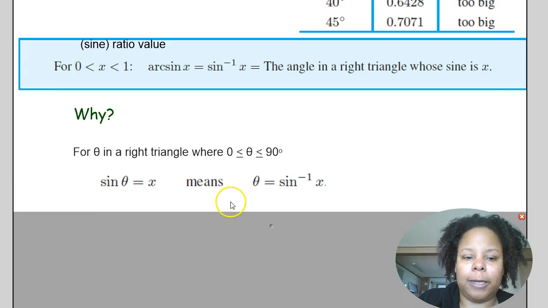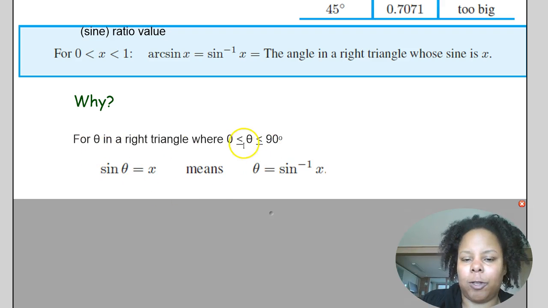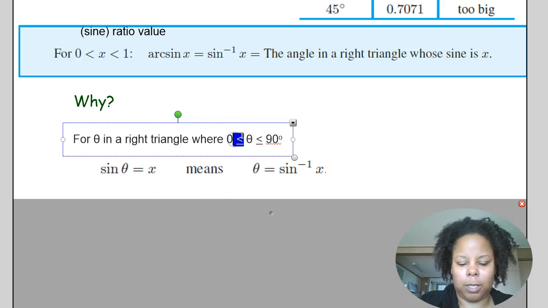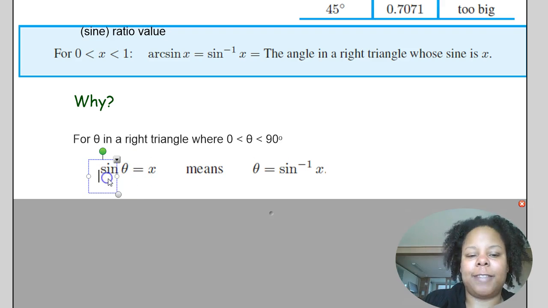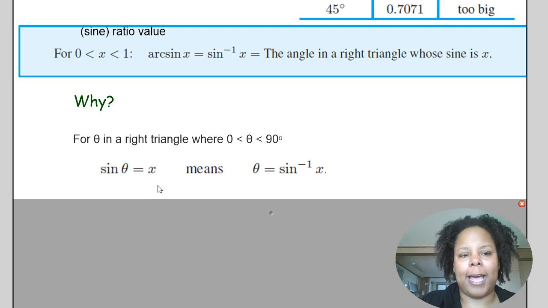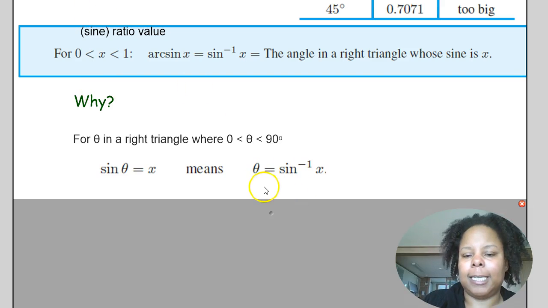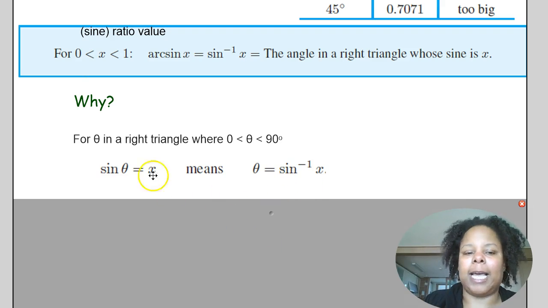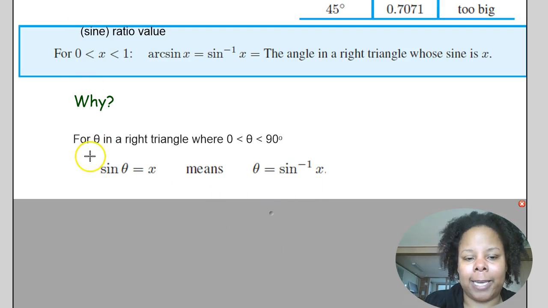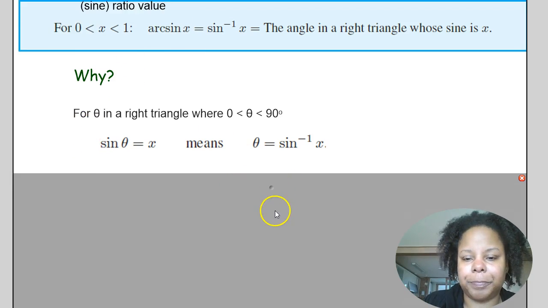So for theta in a right triangle, an angle between 0 and 90 degrees, if the sine of theta equals some value x, then theta is equal to either arcsine of x or sine inverse of x. That's an important relationship to remember. So write that down, put a real big box around it, because that's important to recall.